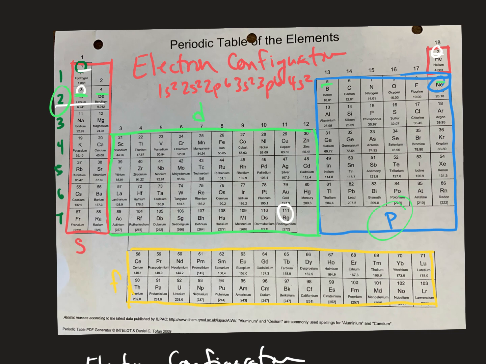So the first two electrons are on energy level 1, subshell S. There it is, 1s2. Are we good with that? The next two electrons are on energy level 2, subshell S, and there's 2 of them. There we go. You following?